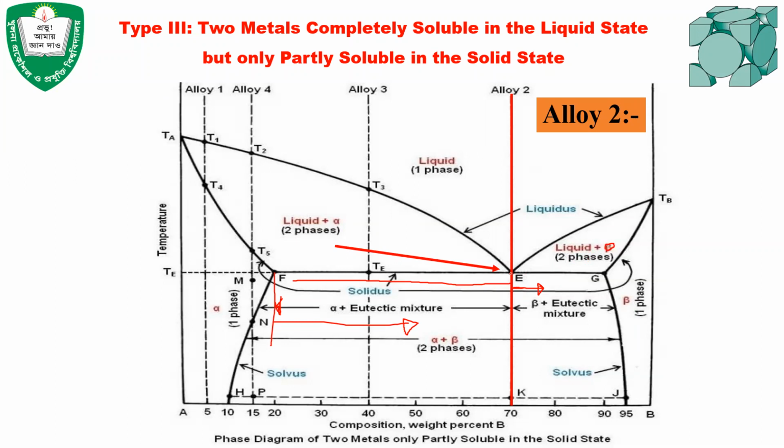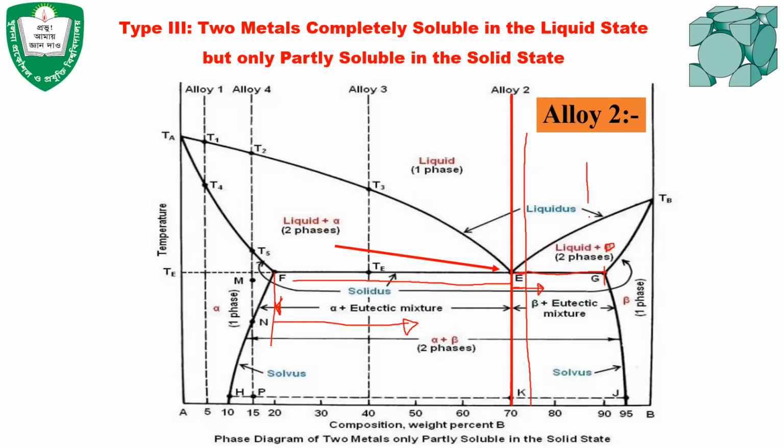From this point to the right, up to point G, the crystals of beta will increase. If we consider an alloy in here, it will have a small amount of beta and a large amount of eutectic mixture.